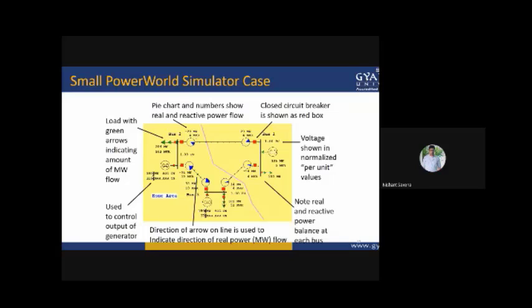The direction of the arrows on the line indicates the direction of real power flow, that is, how power flows from one generator or bus to another bus, or from the generator to the distribution side. Note that the real and reactive power balance at each bus. The pie chart and the numbers show the real and reactive power flow. You can see that the pie chart has been given, reflecting the real and reactive power flow.